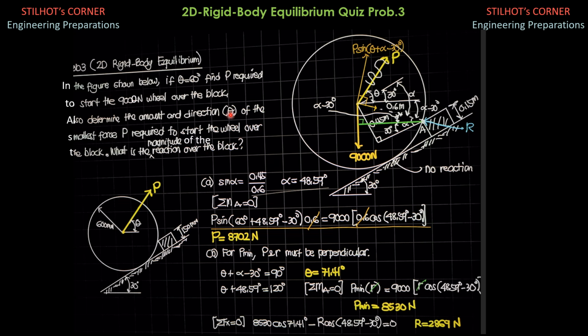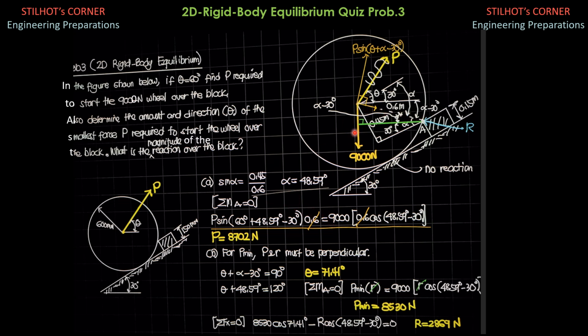Take note that in the first part, theta is given as 60 degrees. So the summation of moments about A is P sine of quantity 60 degrees plus alpha minus 30 times the moment arm, which is this radius here. It's the component of P perpendicular to this radial line.